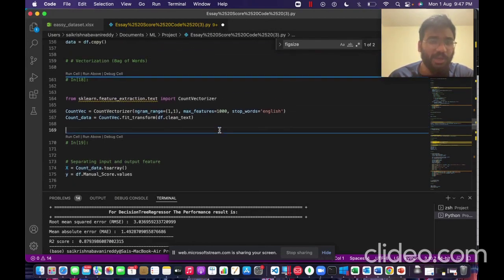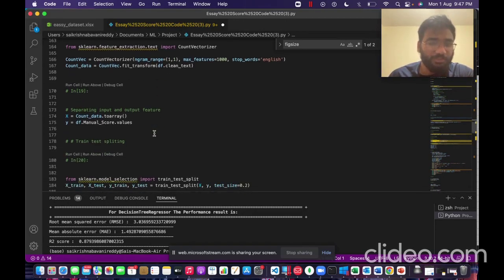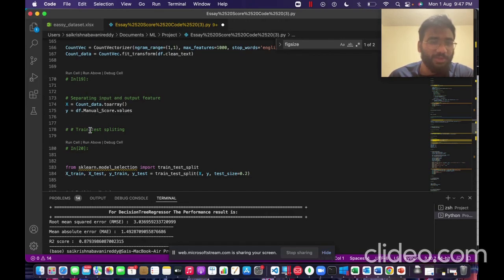Here I have used the bag of words technique for vectorization. There are multiple ways to do vectorization, but I used bag of words. Here I have separated the input and output features. I have stored this count data into X and the manual scores into Y.